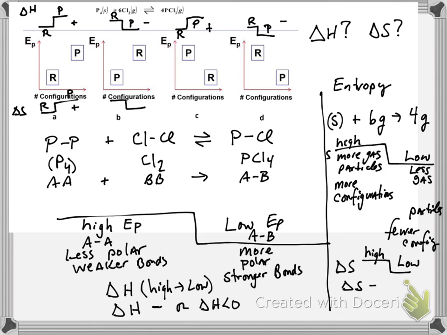In B, products are low, reactants are high. In C, reactants are high, but products are low. In D, reactants are low, but products are high. And so it's really important, in my opinion, to make sure you can rank, in terms of configuration and entropy, what's changing, how is the change for each one of these diagrams.